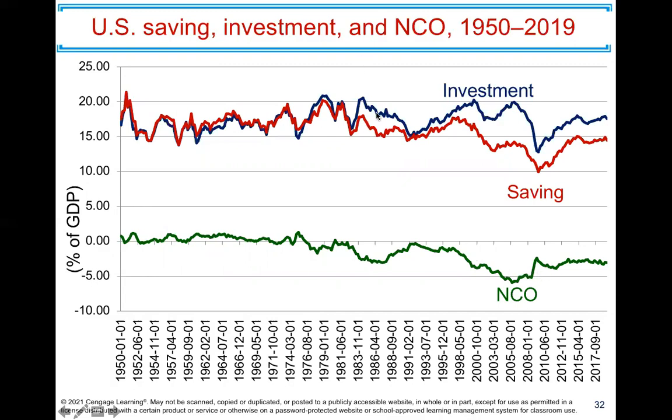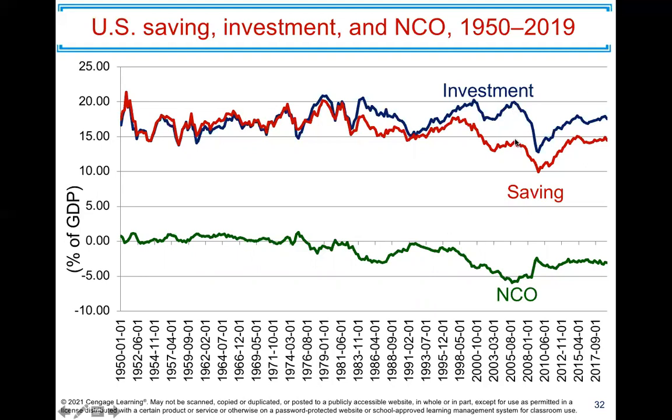Why? Well, if our investment, look in this example here, if investment is higher than saving, where are we getting the extra money from? We saved this much, but we invested this much. So where's the extra coming from? Well, we must have sold some domestic assets. We must have sold some domestic stocks, bonds, real estate, whatever, to raise that money that we needed.